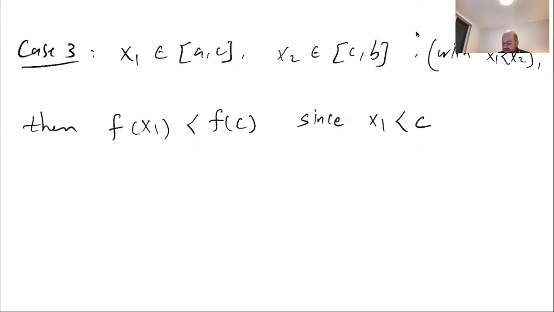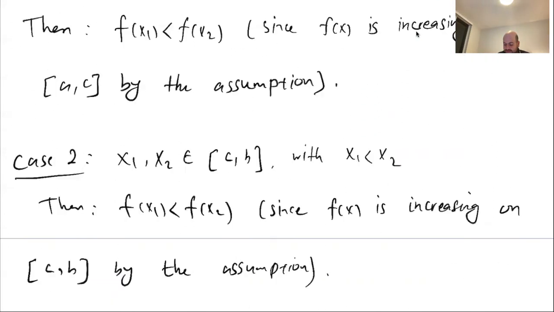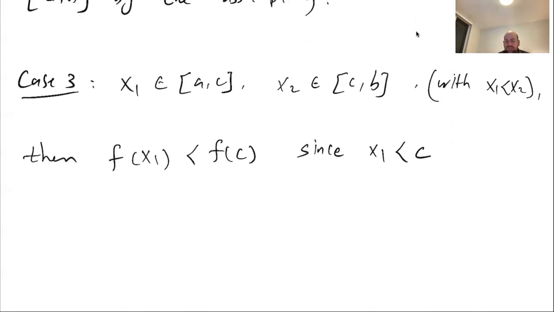Well, there's just one possibility: if x1 itself is equal to C, because here, remember, I'm choosing x1 between A and C closed interval. So x1 could be C itself as well. And if x1 is C itself, then f of x1 will be, of course, equal to f of C. But other than that, if x1 is less than C, then f of x1, of course, will be less than f of C. So just to make sure that this is valid in general and for any choice of x1, let me change this one to x1 less than or equal to C and f of x1 less than or equal to f of C. Right?